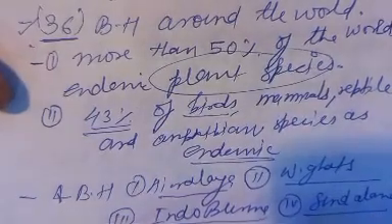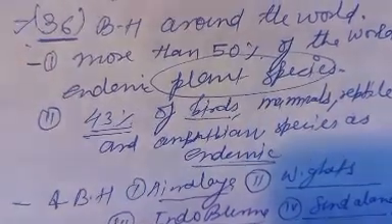India has 4 biodiversity hotspots: Himalaya, Western Ghats, Indo-Burma, and Sundaland.